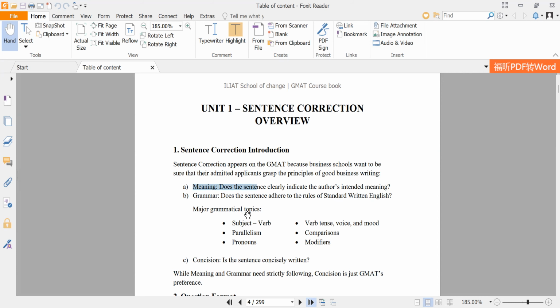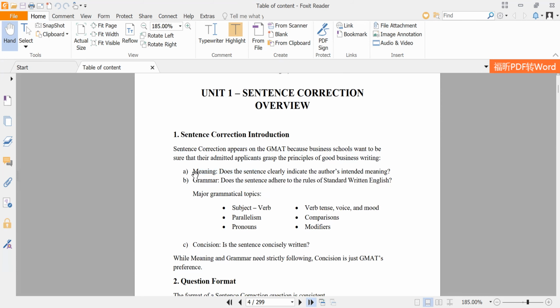And the third criterion, now the first two that I mentioned are must-haves, but this third one is a nice-to-have, which is concision. The correct answer choice, if allowed, would be concise, would be kind of natural to the ear. Concision might be something more concrete.